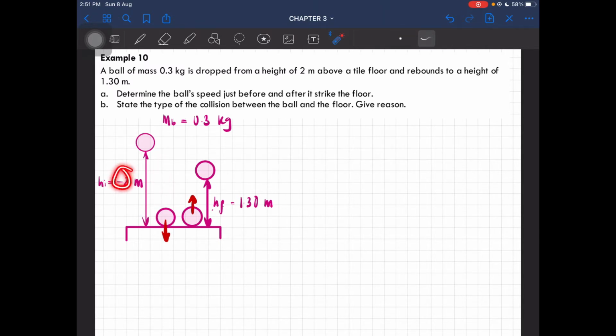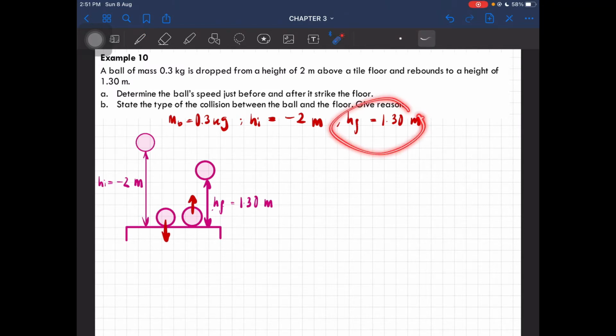So the information we have is mass of the ball 0.3 kilogram, initial height dropped at 2 meter, and final it rebounds to a height of 1.3 meter. This one is positive because the ball is going up, the rebound goes upward.